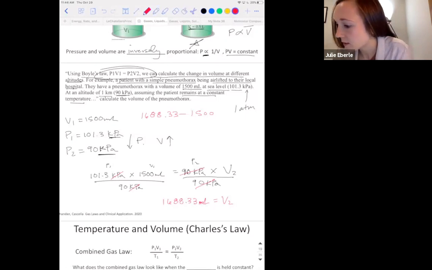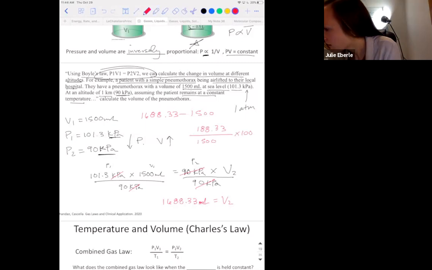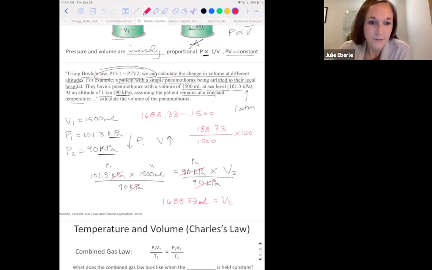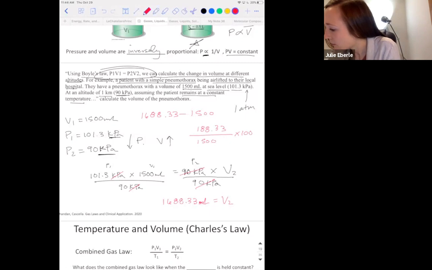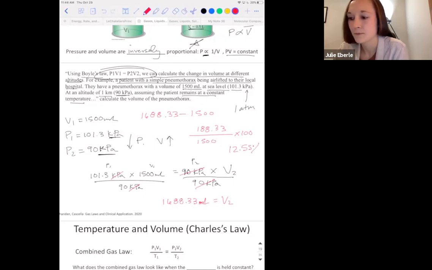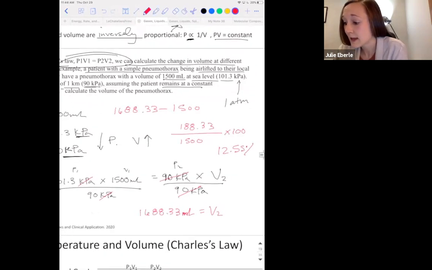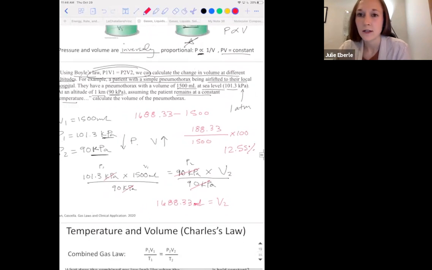And then if we wanted to see, 188.33 is what percent of the original 1500 times 100. 188.33 divided by 1500 times 100, you should get 12.55% increase. So let's say a 30% increase is fatal or whatever. You could say, well, we're still in a safe zone here, but we don't need to fly much higher, okay?